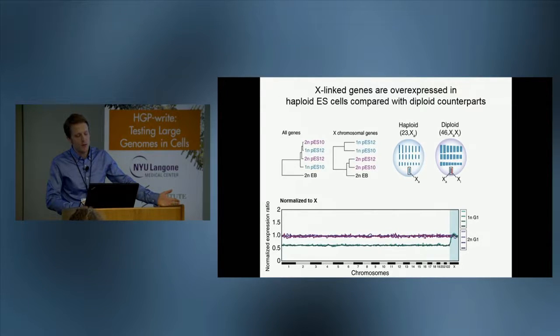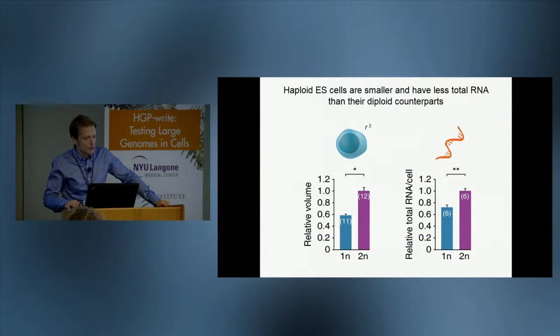So relative to the autosomes, the X chromosome is slightly overexpressed. But this doesn't seem to affect those cells in a remarkable way. They're also smaller. They have a smaller volume, and they have less total RNA.